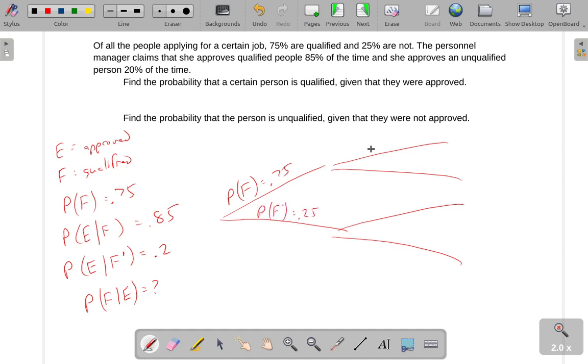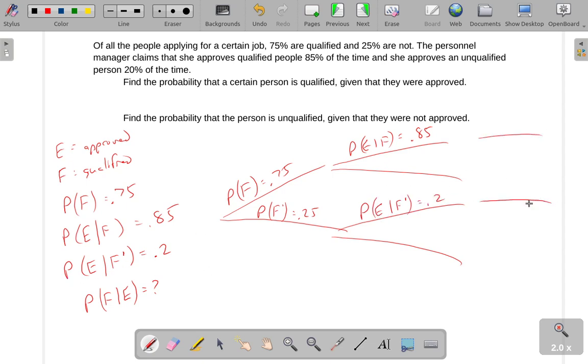The probability of E given F is 0.85. The probability of E given F complement, the other number we were given, is 0.2.